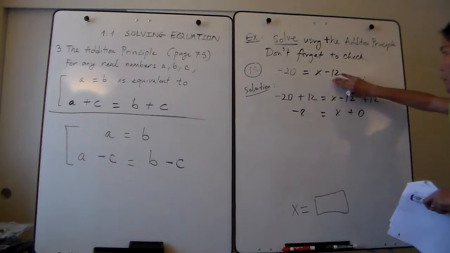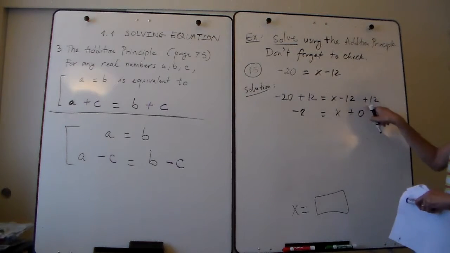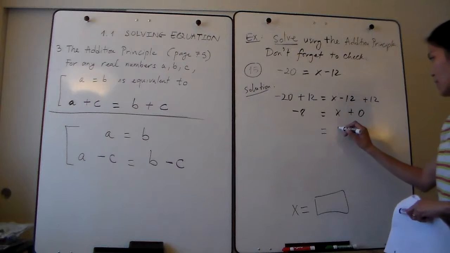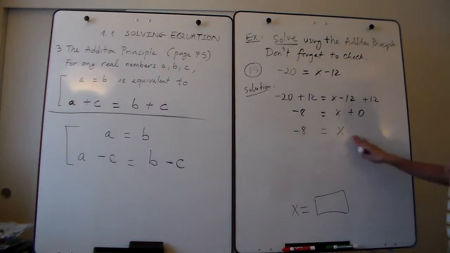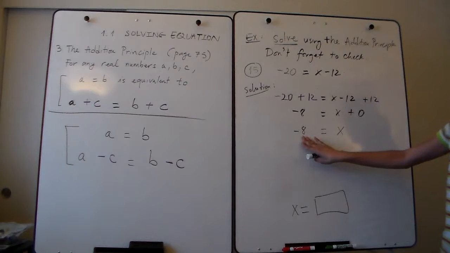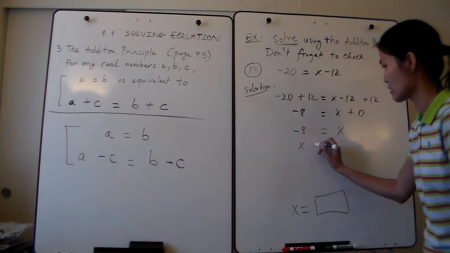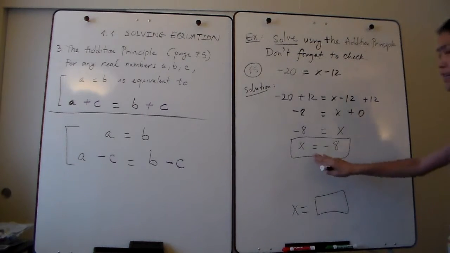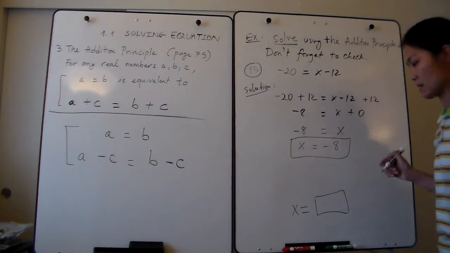We want to remove this constant and turn it to 0. Okay, we can do that by adding 12. Now simplify further. X plus 0 is x. Negative 8 on the left-hand side. So the solution we got is x equal negative 8. Now I want you to write the final solution as x equal to negative 8. You will leave the x on the left-hand side and a constant on the right-hand side.